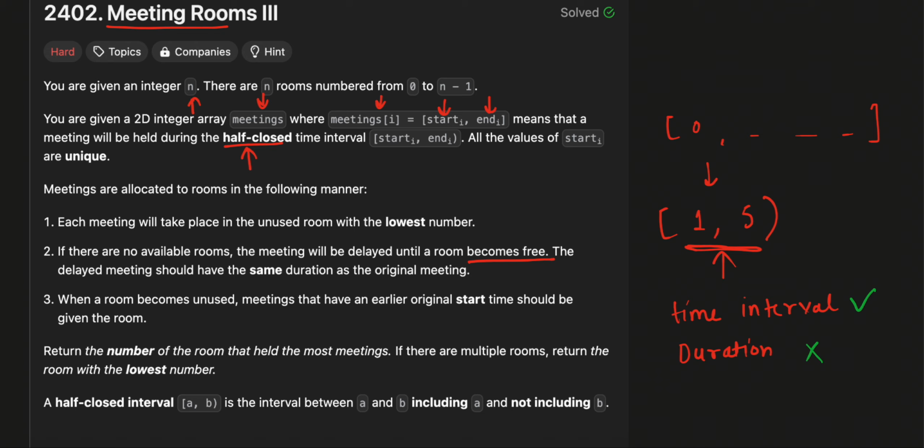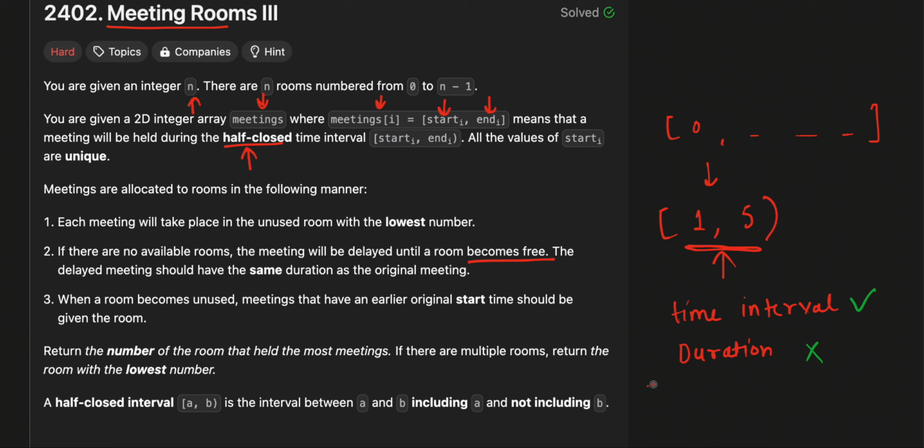And when a room becomes unused, the meeting that has an earlier original start time should be given the room. What does this denote? The meeting with the earlier start time should occupy the meeting room first.